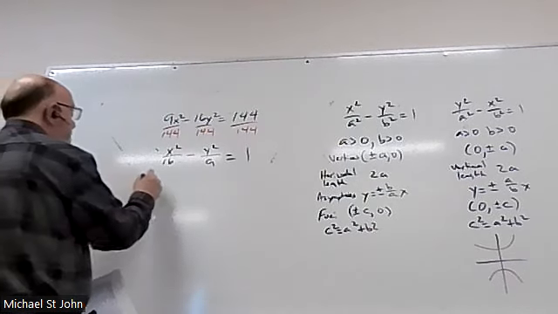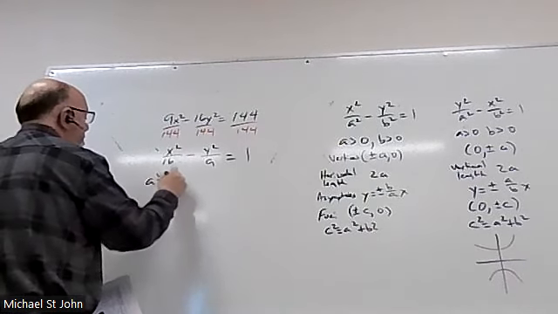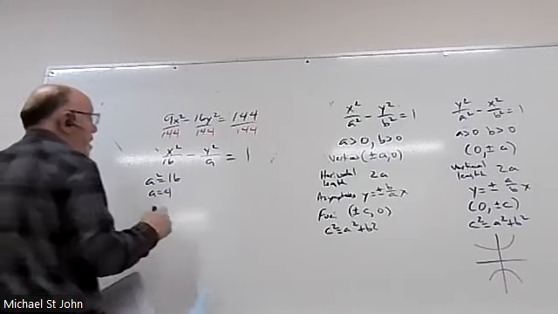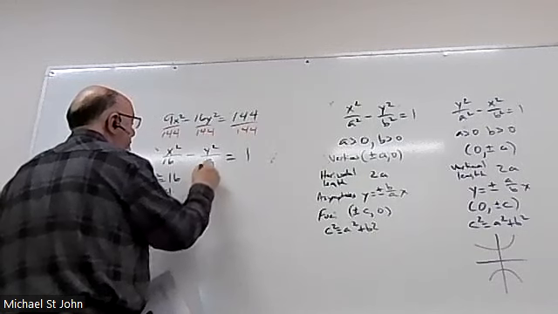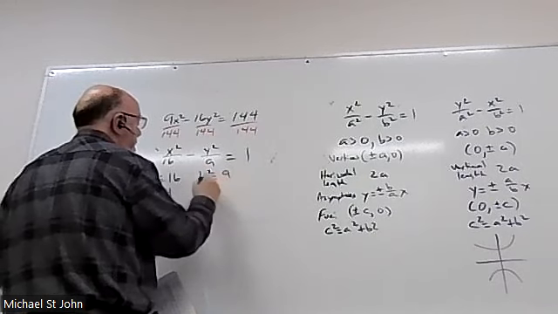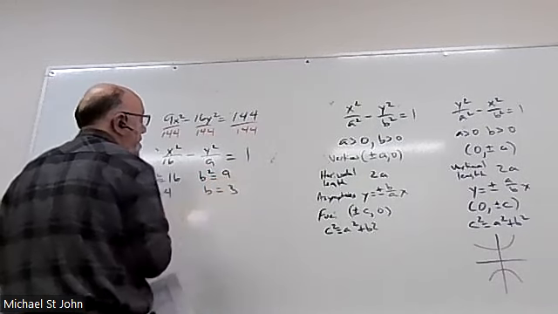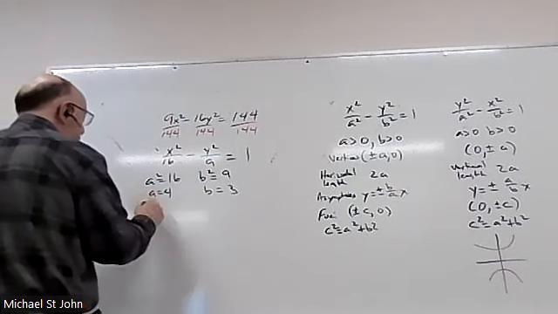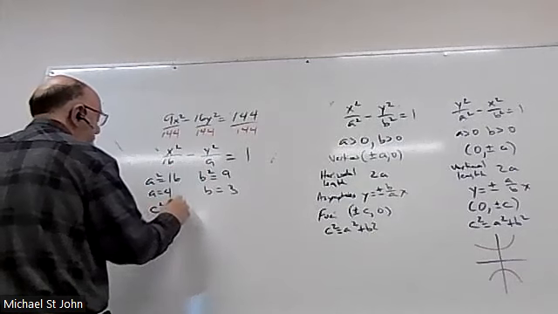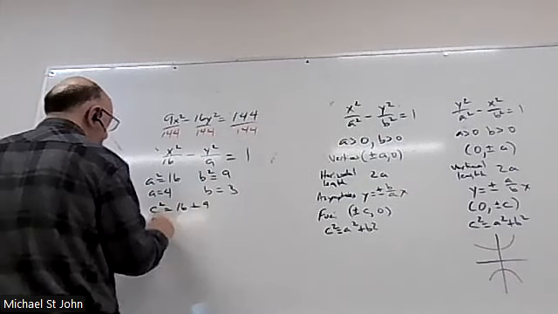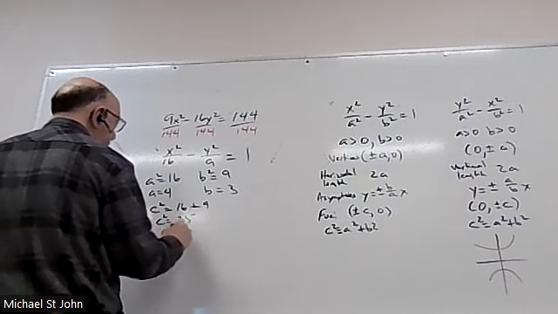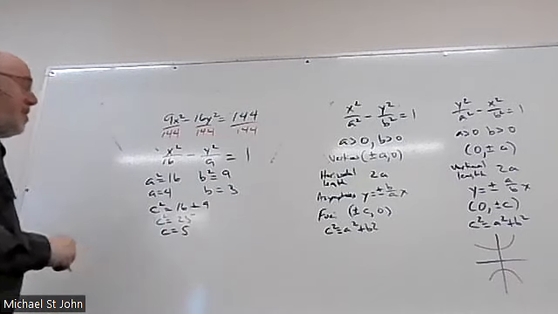And so we have a squared is 16, which of course means that a is 4. And we have b squared equals 9, which of course means b is 3. And then we have that c squared is going to be 16 plus 9. So c squared is 25, which of course means c is 5. Right?